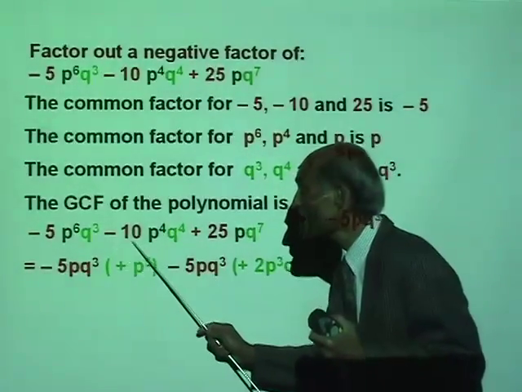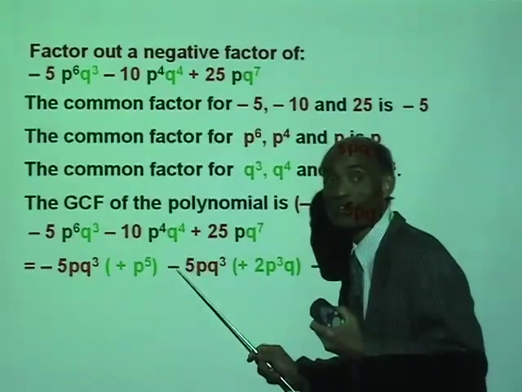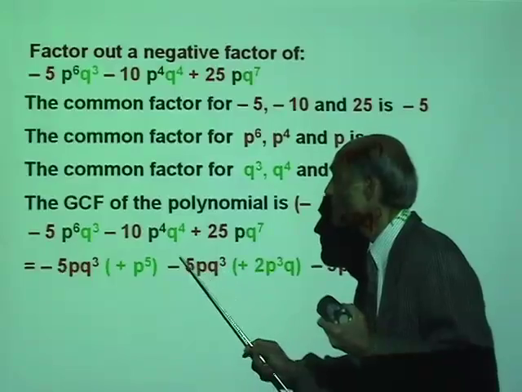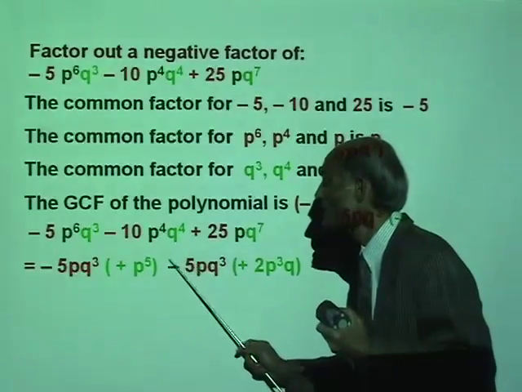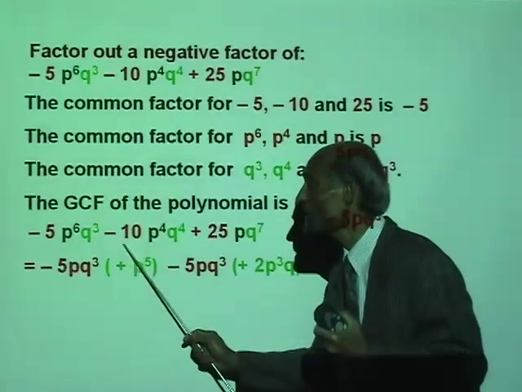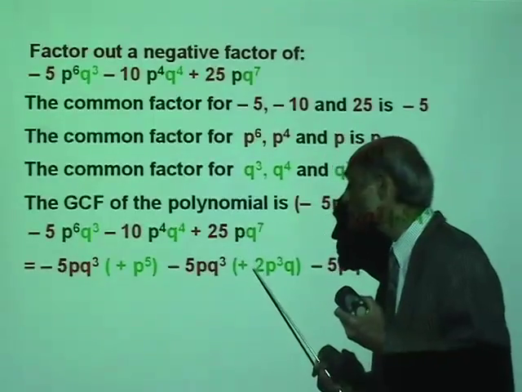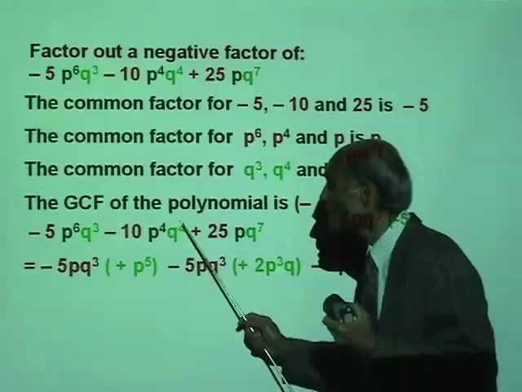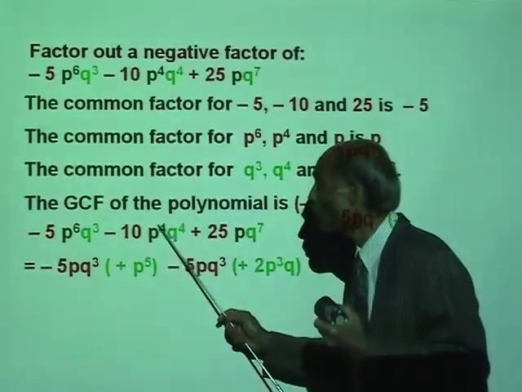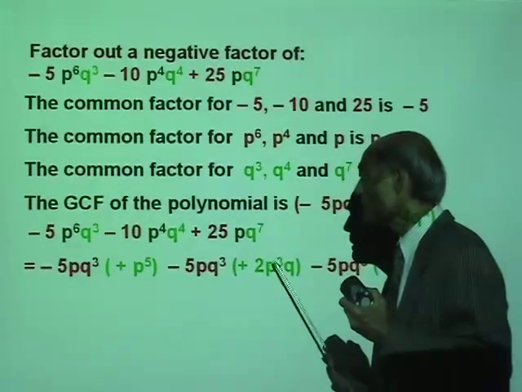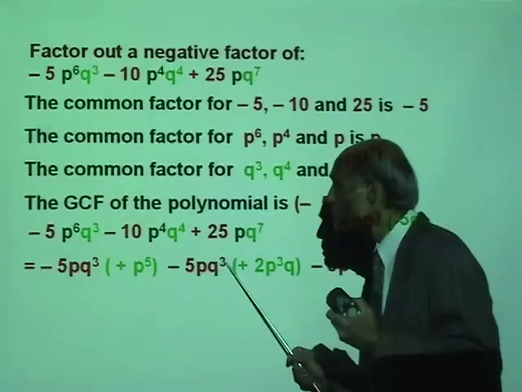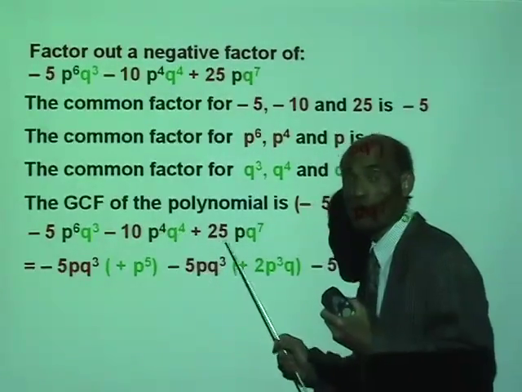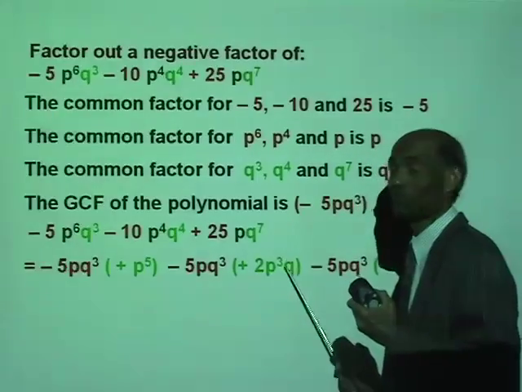What is left in the second term after factoring out -5p q cube? When -5 is factored out from -10, you are left with a 2. When p is factored out from p to the 4, you have a p cube. When q cube is factored out from q to the power 4, you have a q.